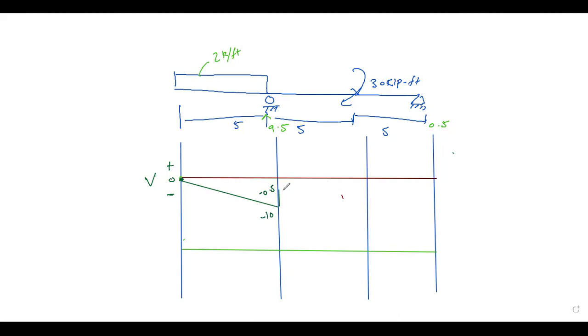Then from here to the end, there is no load, so we will make a straight line because there is no load there. But when we reach here, it will experience an upward force at By. See, this is the upward force at By.